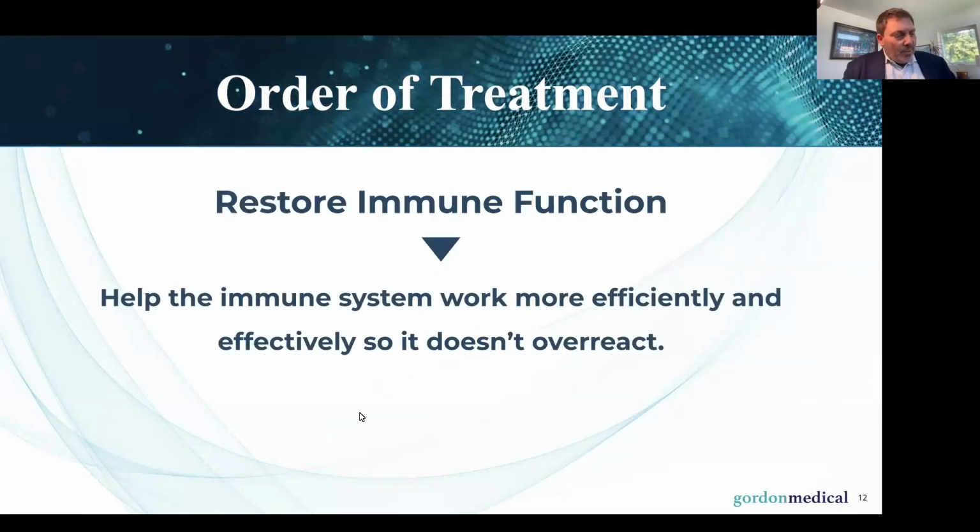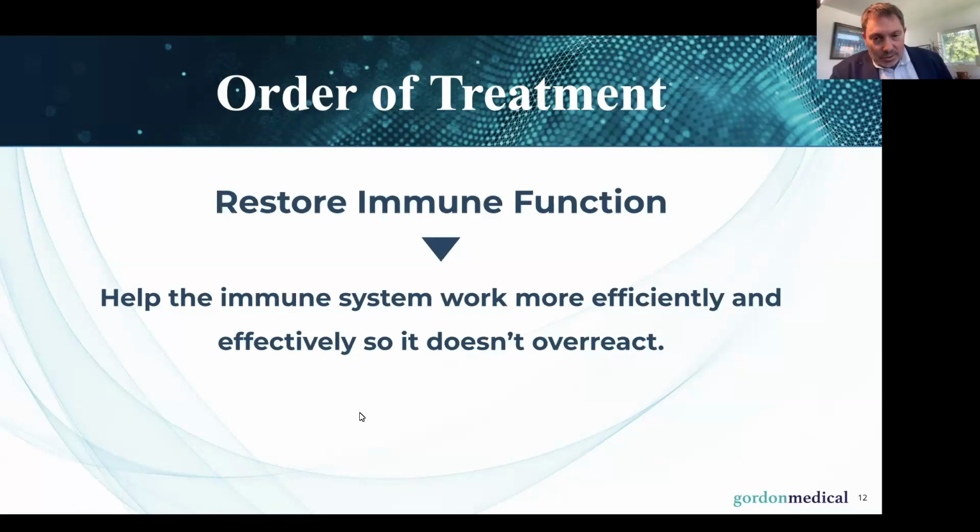The next step that I like to consider is restoring immune function. Many of these patients who present, their body overreacts. And the reason I think that it overreacts is because it's underperforming. And so if we could get the body performing more efficiently, it probably won't overreact so much.